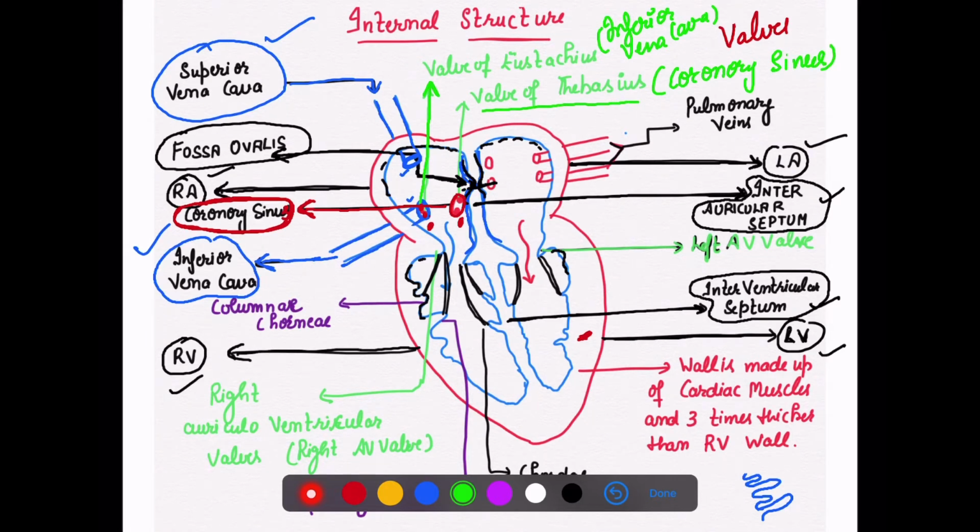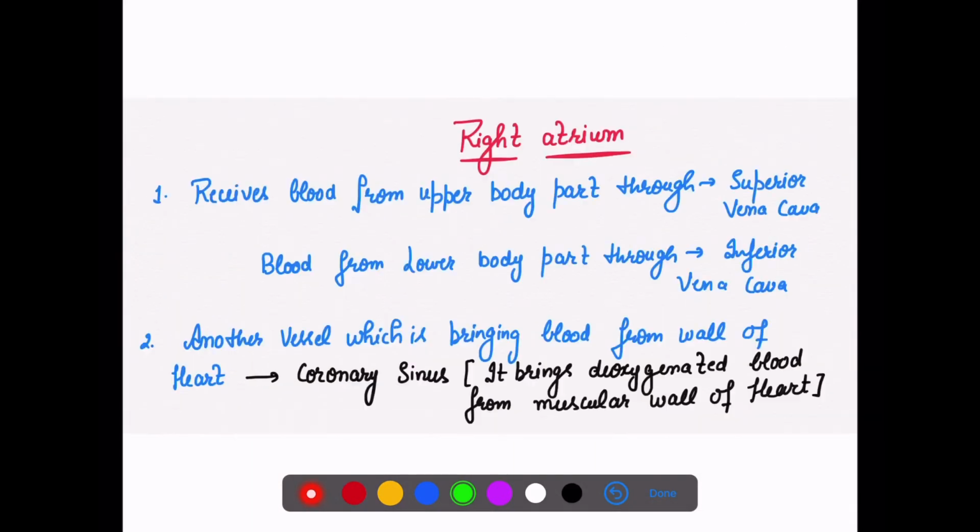Valve of Thebesius. So we have two valves in the right atrium. One is in the inferior vena cava, that is the valve of Eustachius, and another is with the coronary sinus, that is the valve of Thebesius. Okay, clear? Right. So let's see how to write them.